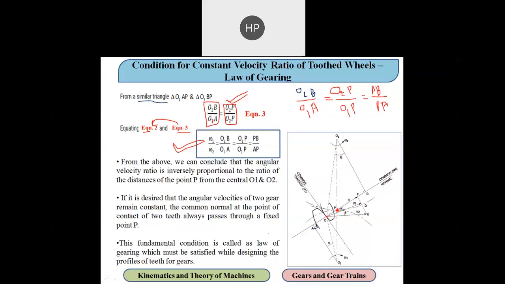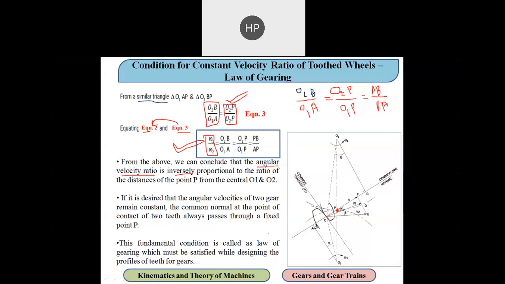Okay, so from that pitch point to the center, the distance is O1P. Same way from the pitch point to the center, the distance is O2P. And the angular velocity is inversely proportional to that particular distance. So we can say that the angular velocity ratio omega 1 divided by omega 2 is inversely proportional.